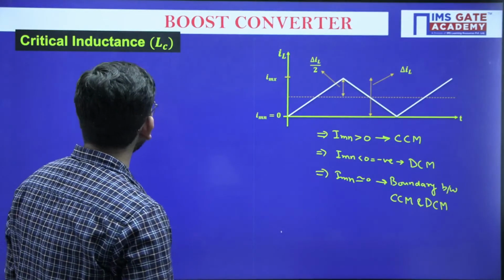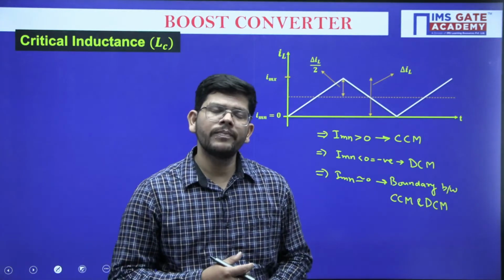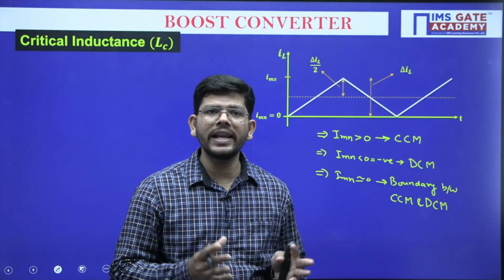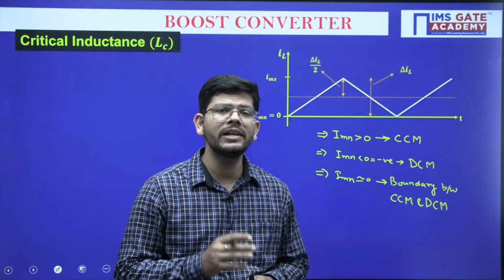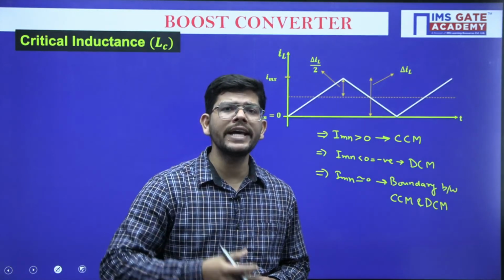So what is this critical inductance? Inductance plays a very important role. The inductor has energy half L I square. If L has a significantly low value, it will not be able to sustain that energy for a long time.